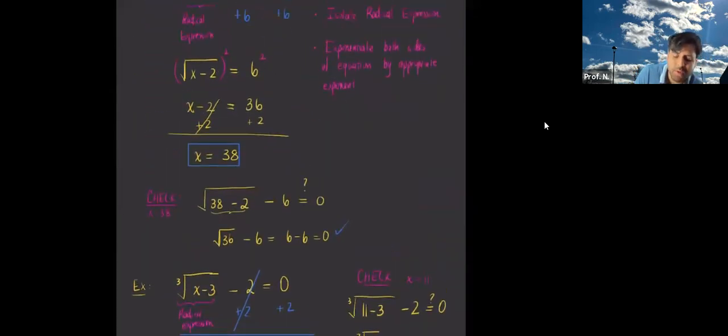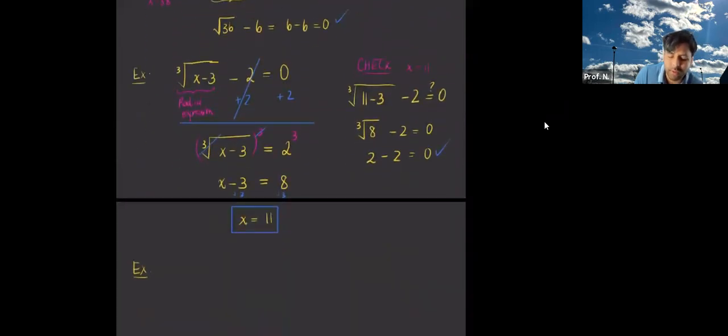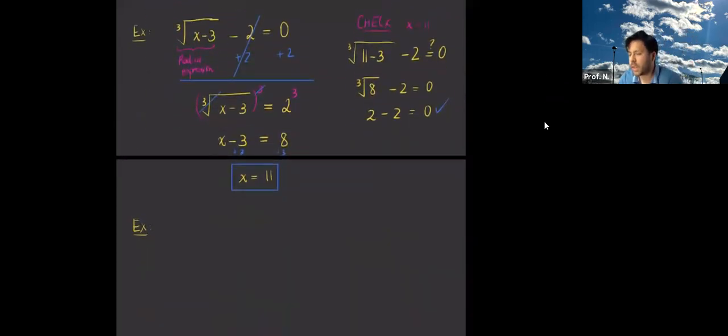These are the simple ones when you have just one radical expression. But sadly, there might be situations where you have more than one. So what happens when I have something like so?